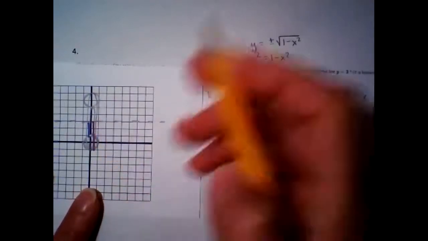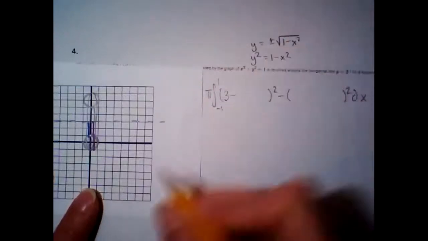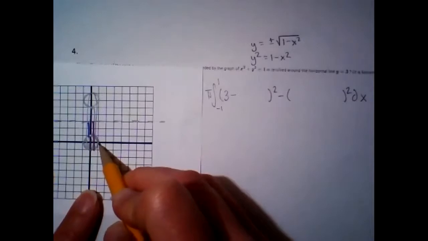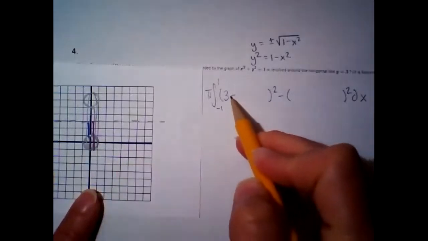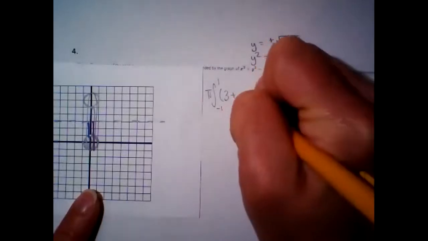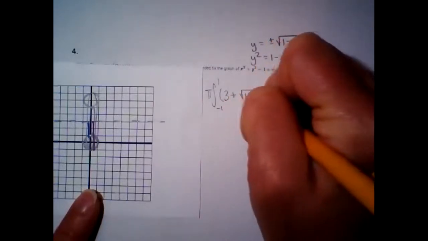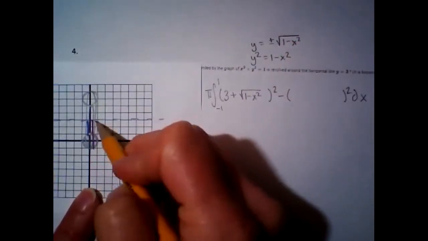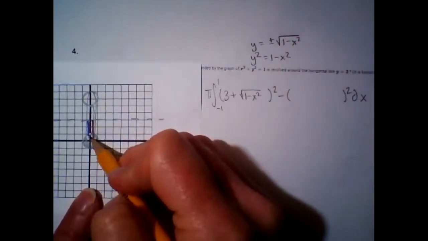The upper graph is 3 minus the lower graph, which is the negative square root. So this would be minus negative square root of stuff. So those negatives are going to cancel and it will look like that. The blue line is the inner radius, again, upper graph minus lower graph.